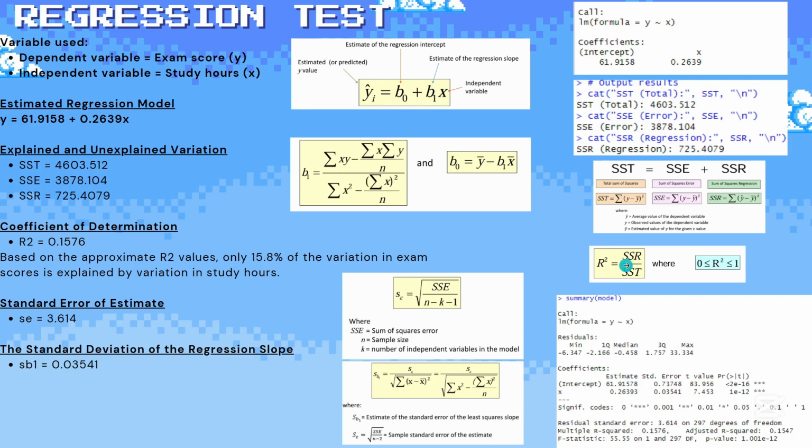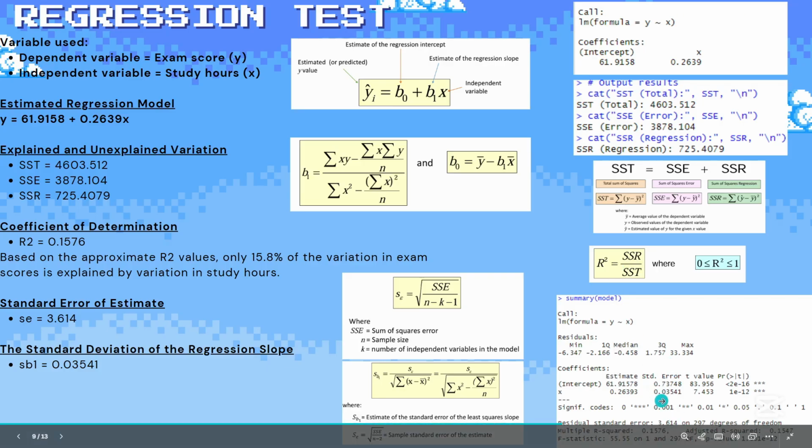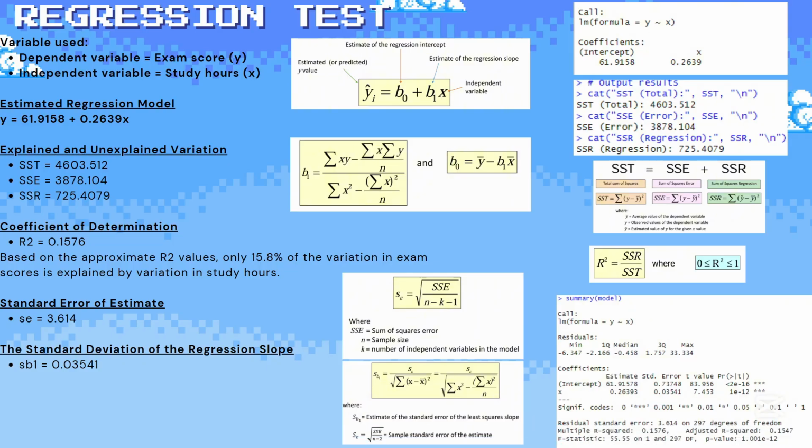We also use RStudio software, and the value we get is the bottom one, 0.1576, at the right side of the multiple R-squared. Based on this value, we can conclude that only 15.8% of the variation in exam score is explained by variation in study hour.